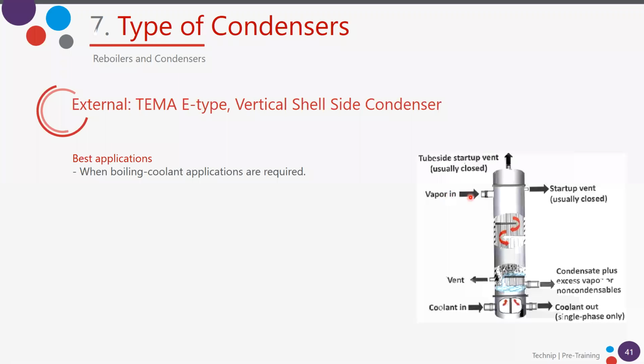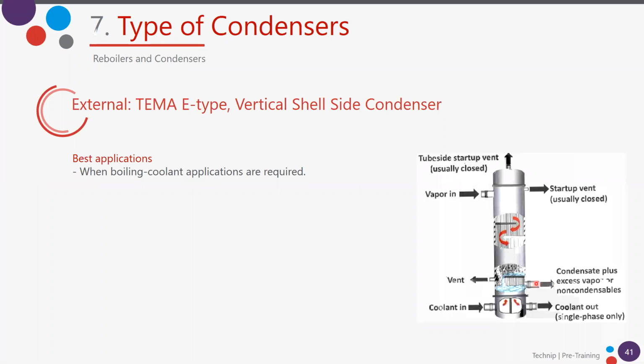So we have the vapor at the top of the vertical condenser. It passes through the tube bundle and the baffles, where it condenses, and the condensates go out at the bottom of the exchanger.